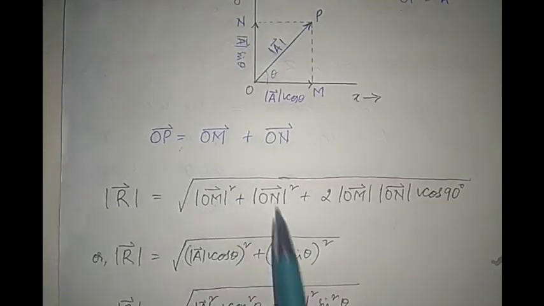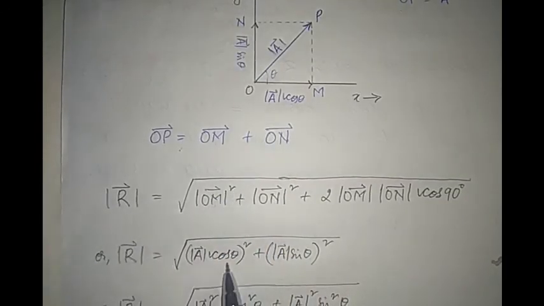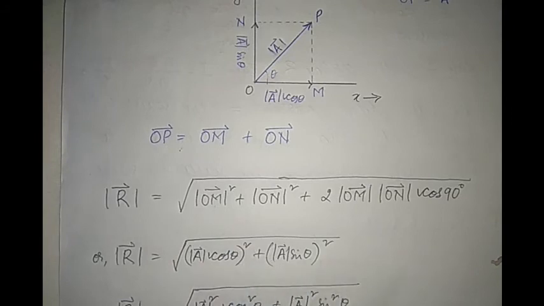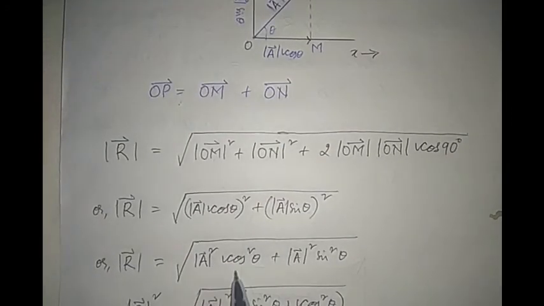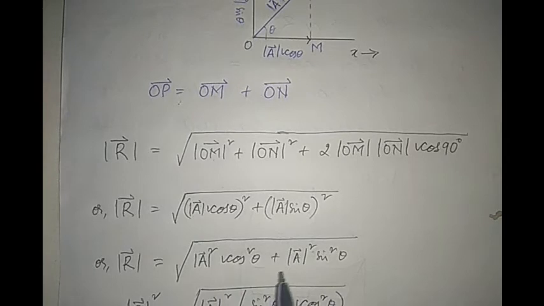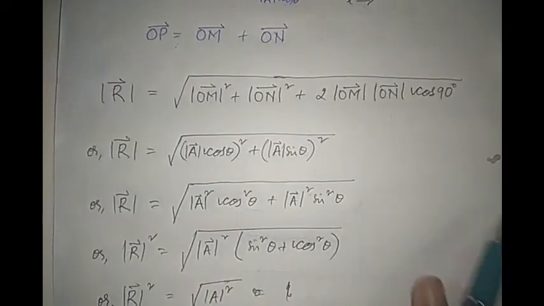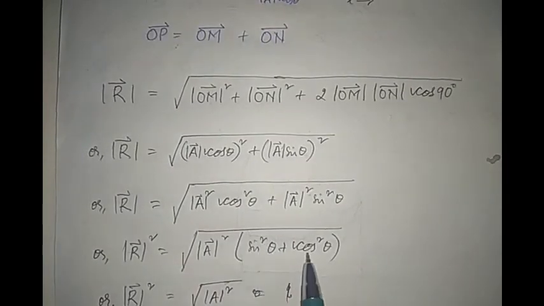We substitute their values. So R squared is A cos theta squared plus A sin theta squared. This gives us A squared cos squared theta plus A squared sin squared theta. We can take out A squared common, and thereby we get sin squared theta plus cos squared theta inside the bracket, whose value you already know. Pardon me for writing R squared on the left hand side of the third last and second last lines, because there shouldn't be a square over there.